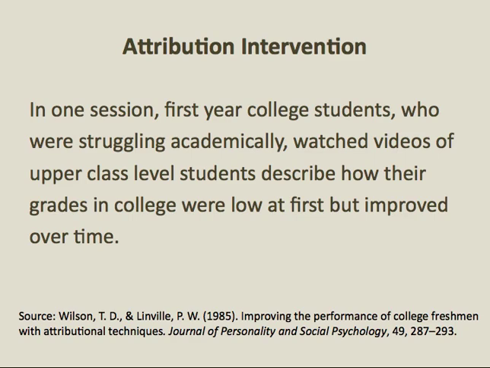Here's an example of an attribution intervention. In one session, students who were struggling in their first year of college watched videos of upper-class students describe how their grades in college were low at first but improved over time.